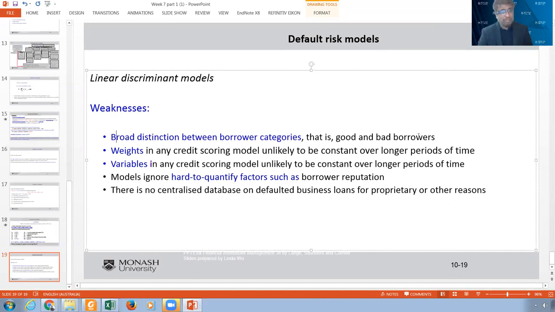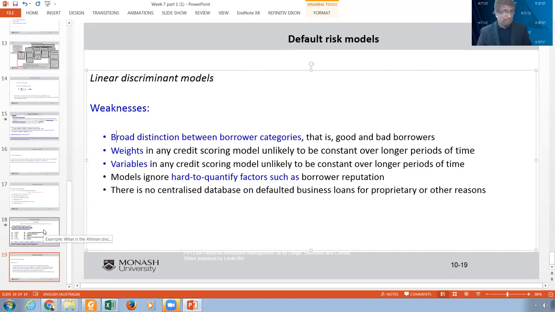The other thing is the weights. The weights in any credit scoring model are unlikely to be constant. This model, when it was developed, the coefficients, which are for X1, X2, X3, were based on American data. And we assume this American data applies to all companies.